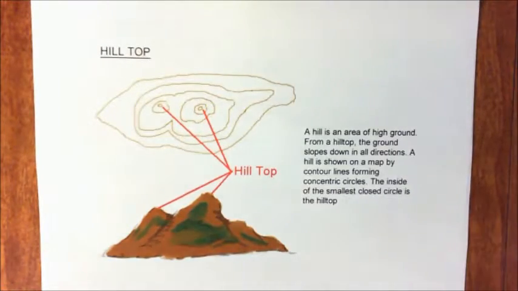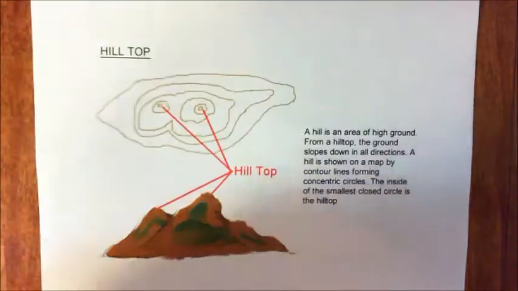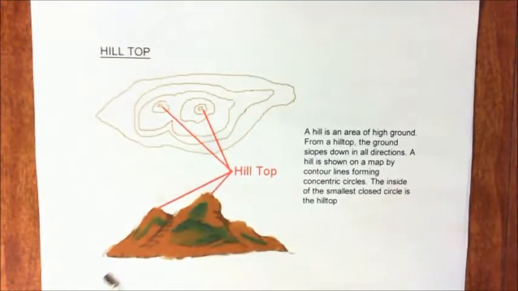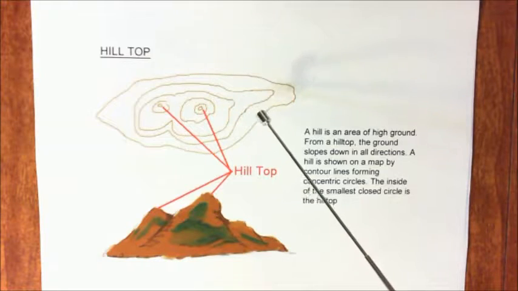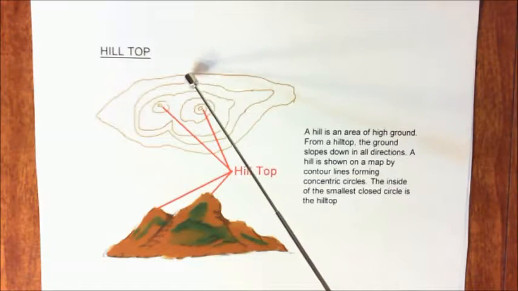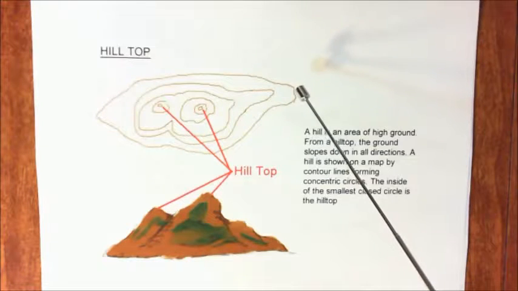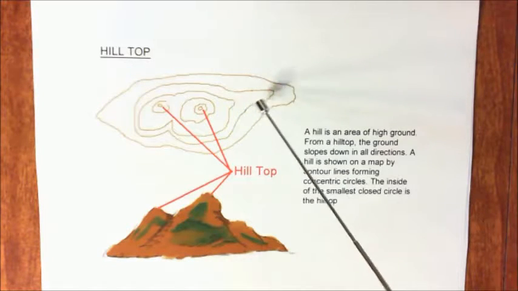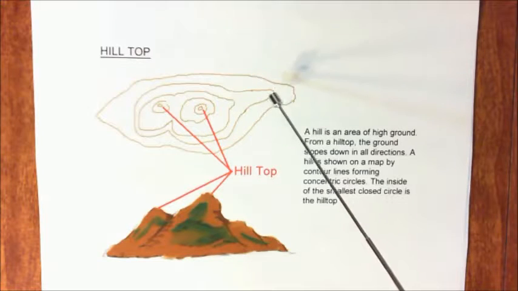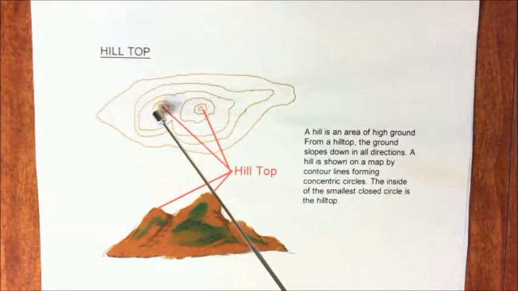So, a hilltop. Here's a picture of a hilltop. I think we know what that is. Go up a mountain, and there's the top. Well, when related to contour lines, if you already saw the video on contour lines, you go from a certain elevation up, and there they are.